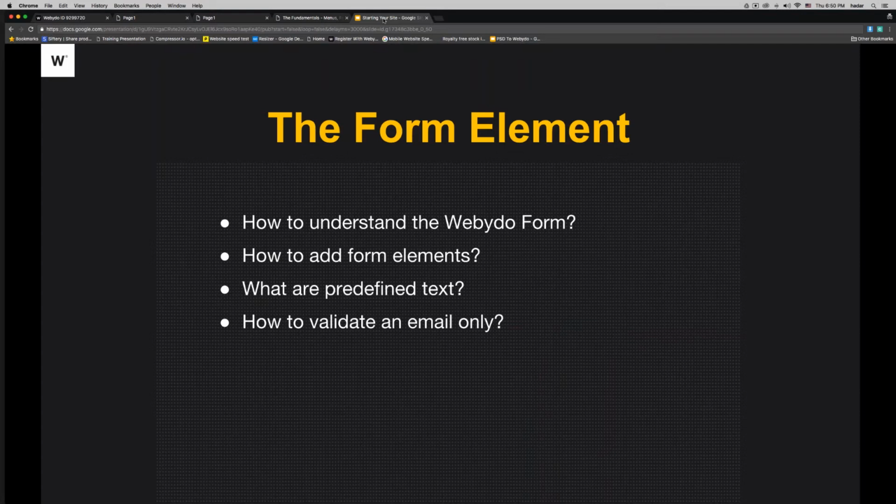Now, something to mention. Not all phone numbers can validate based on countries, and I'm sure you guys have asked this question. For example, in Montreal, it cannot be only validated for Montreal or only validated for New York. So you cannot set a certain validation based on country codes. It is something that we're planning on working on, but what you can do in the meantime is use the predefined text.